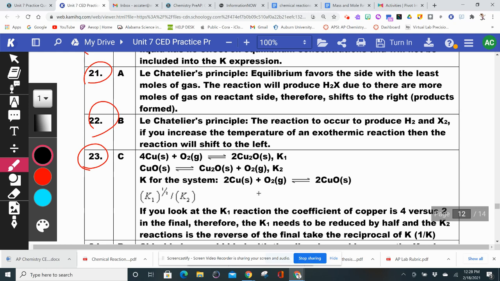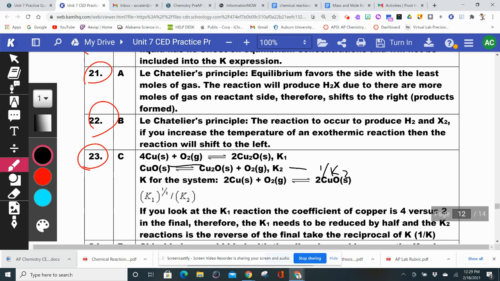So they turned this equation around and got 1 over K2. And then they basically took the square root of the first equation to get the correct K1. And then you just multiplied those two together.